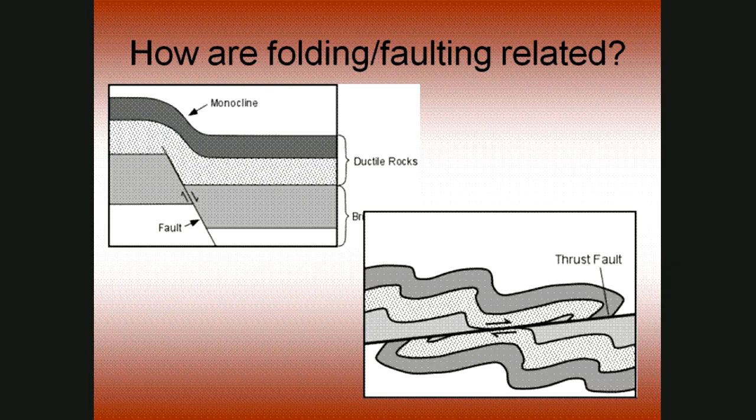We get some normal faulting, downward motion, which bends the upper layers. So you get a monocline above that normal fault. Makes sense? And it's all because the lower layers were brittle and broke, whereas the upper layers were more ductile and were able to bend.